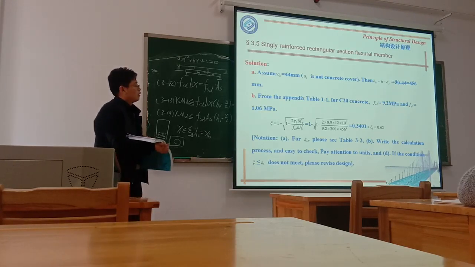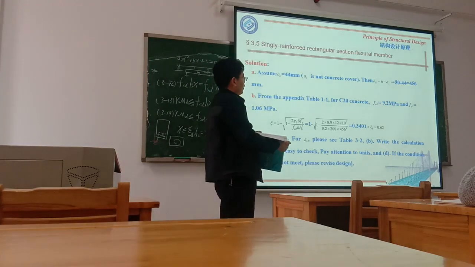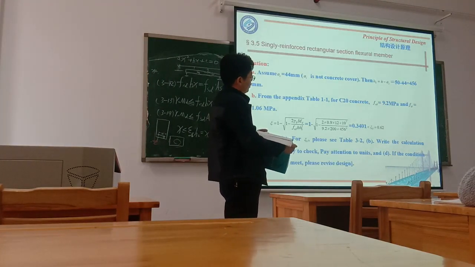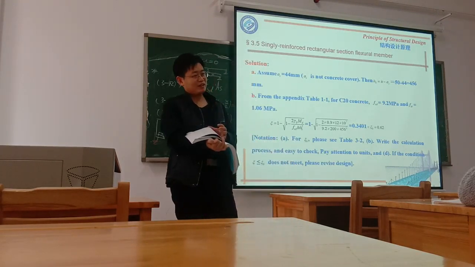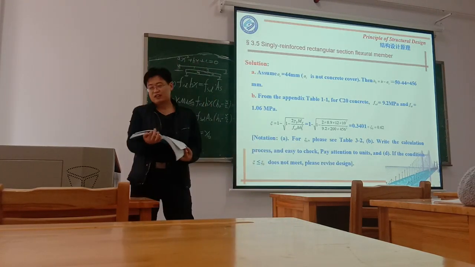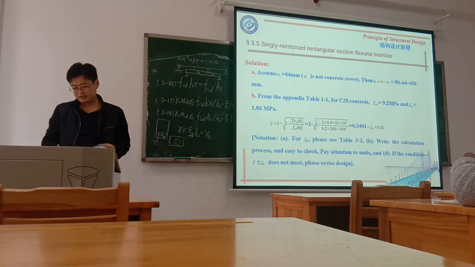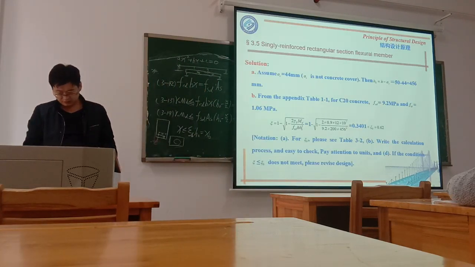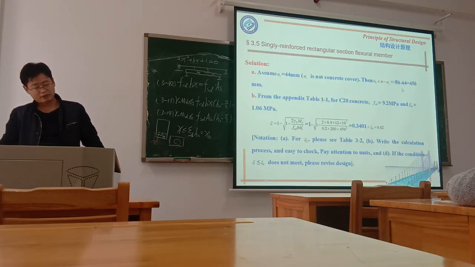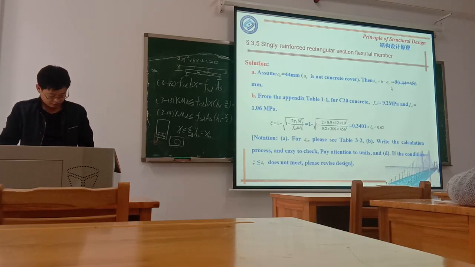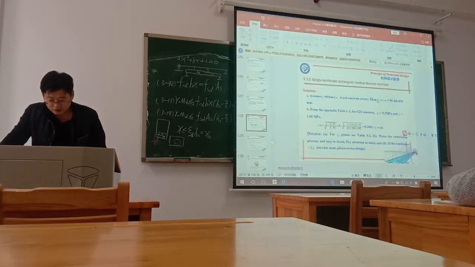H0 equals H minus AS, 500 minus 44. Because the given condition is H equal to 500, so here I wrote 400, this is a mistake. I must check it.